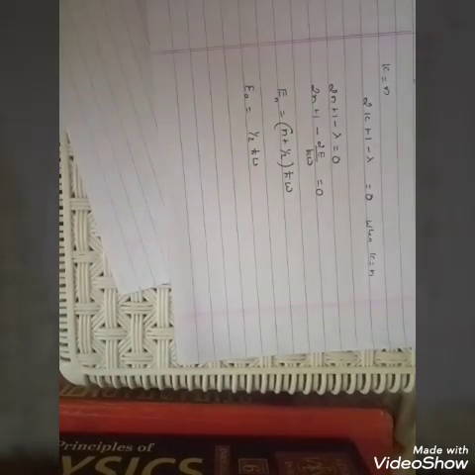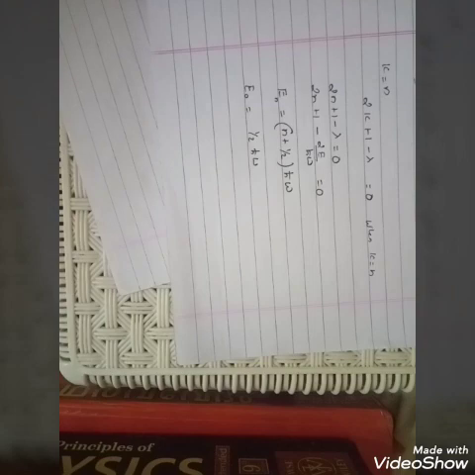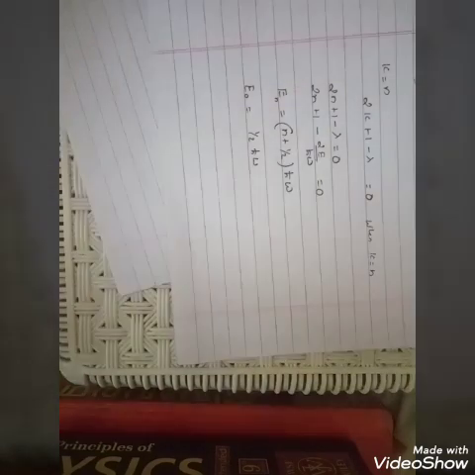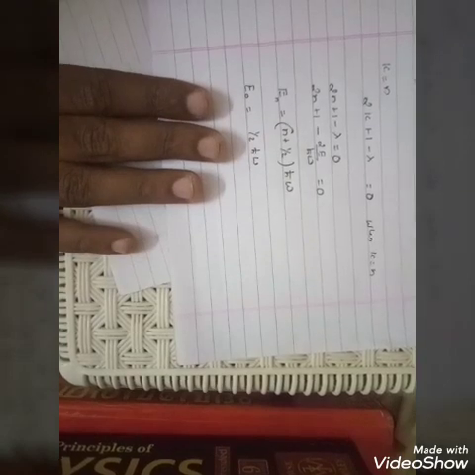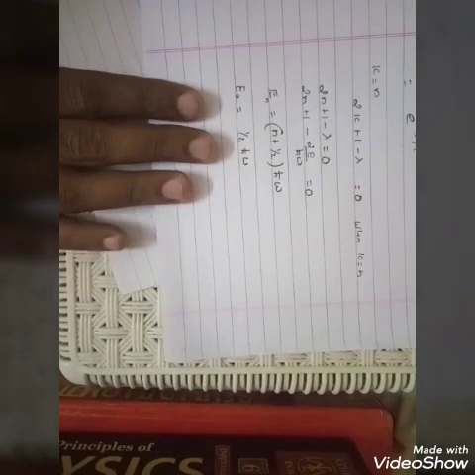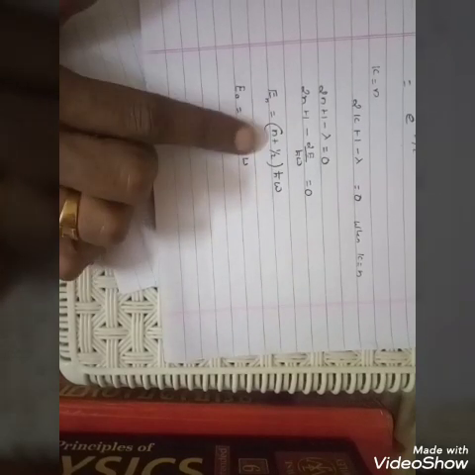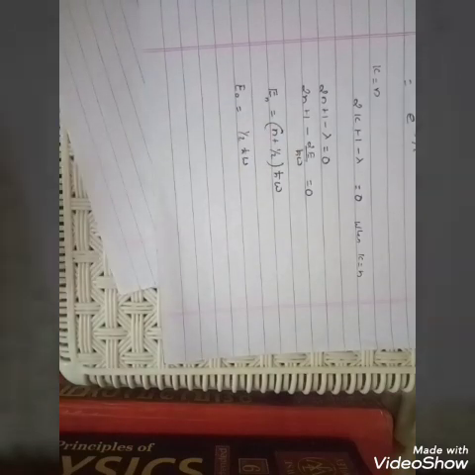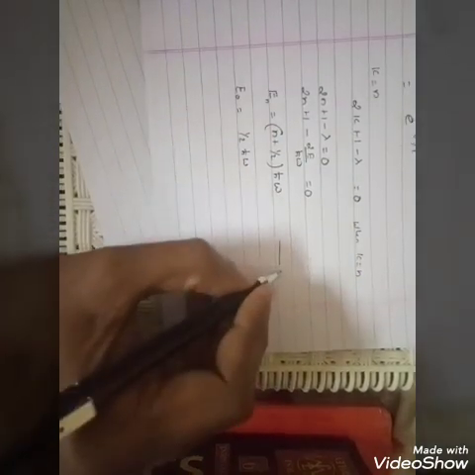I won't discuss that aspect here because it is beyond the scope of this lecture. So these are the energy eigenvalues for a harmonic oscillator. E_n equals n plus half times h cross omega. You may label this as equation 30.